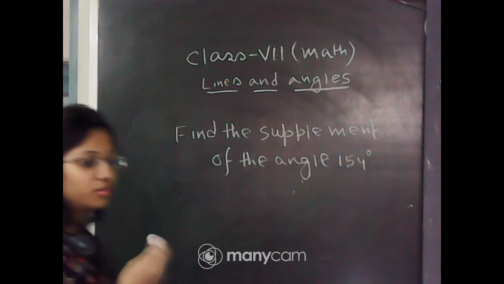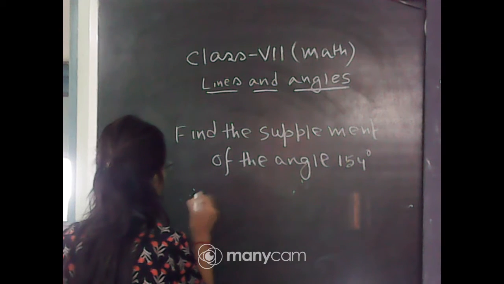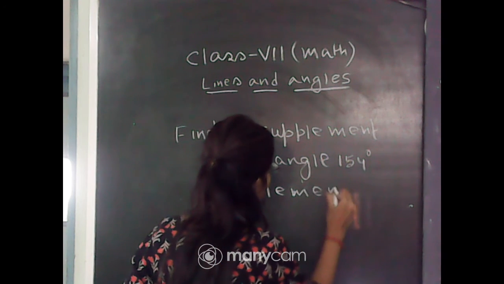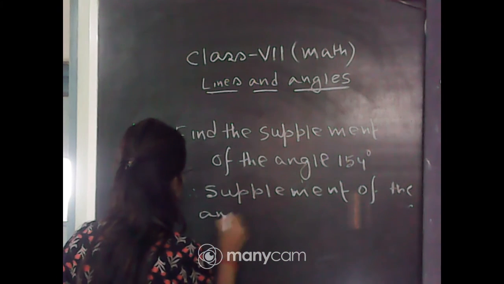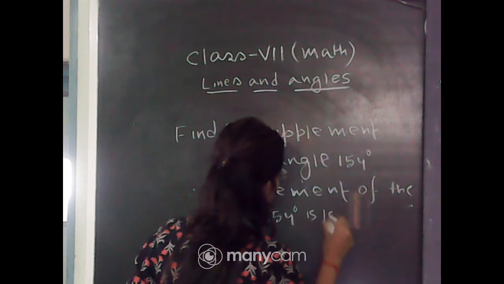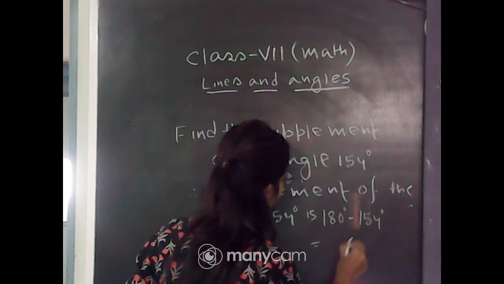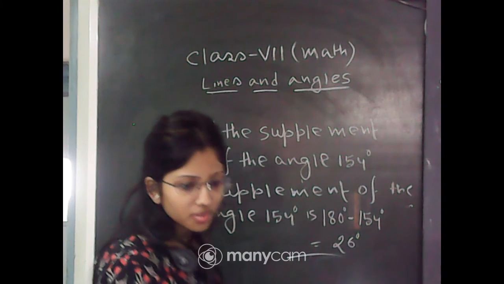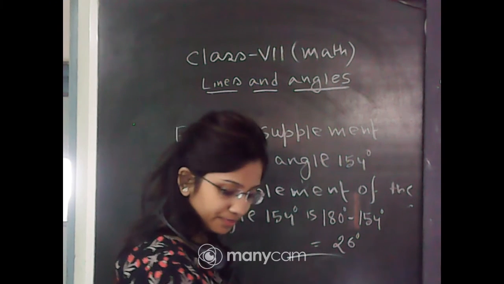Since the sum of the measures of two supplementary angles is 180 degree, therefore the supplement of the angle 154 degree is 180 degree minus 154 degree, that is equal to 26 degree. Isn't it? Okay. Next.